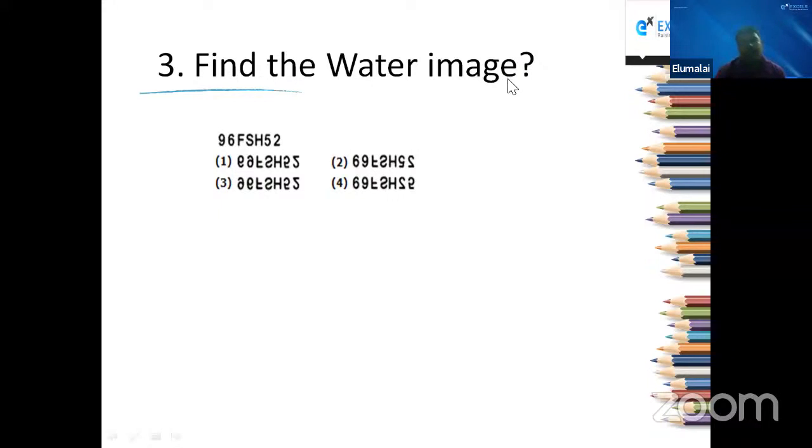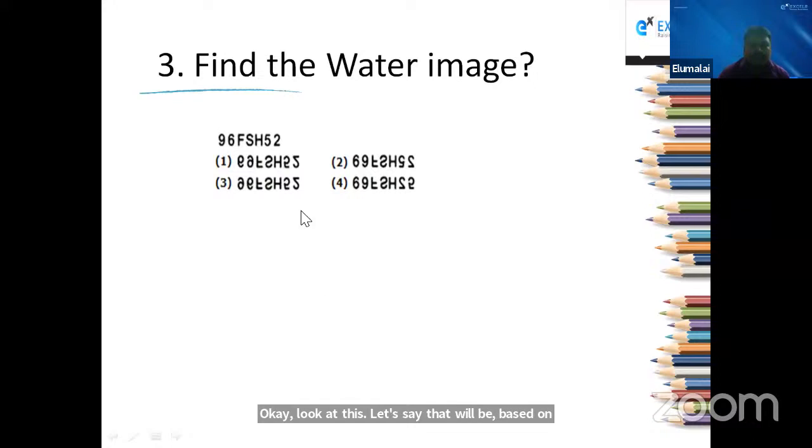Okay. Look at this. Left side objects will be left side itself, right side objects will be right side itself. Based on that property, you could not eliminate anything here, isn't it? Yes. So if you compare with this, here, if you invert this two, that will be similar to this one, right? But this is not the correct inversion of this two, and this will not be the correct inversion of two.